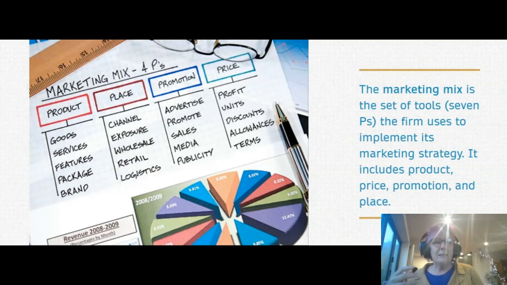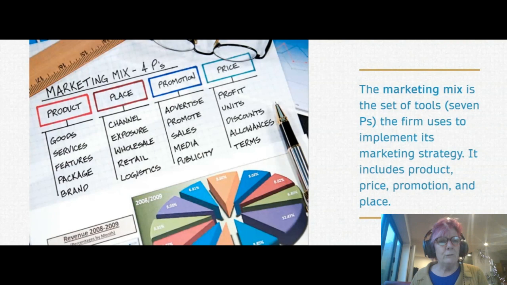So this is where businesses will make decisions about what kind of product it wants to offer its target market, what kind of features that product will have, what kind of packaging it will have, what the brand should look like, and so on. It will think about what price level to set for its product or service for its target market. Should it be a high price, a low price? Should there be discounts and special offers, and so on?